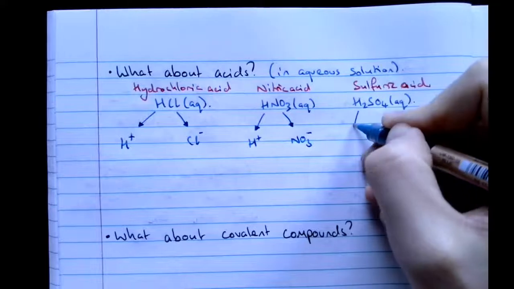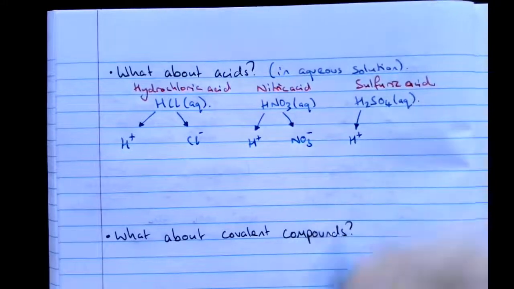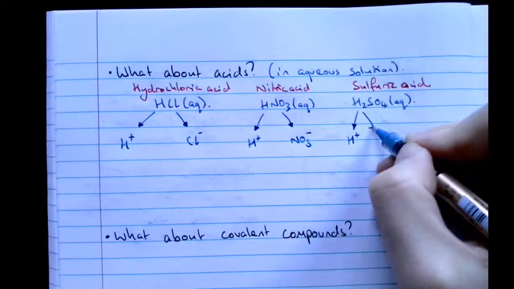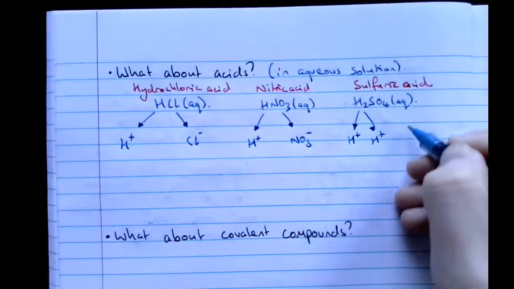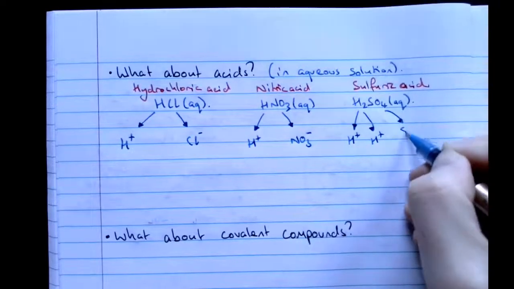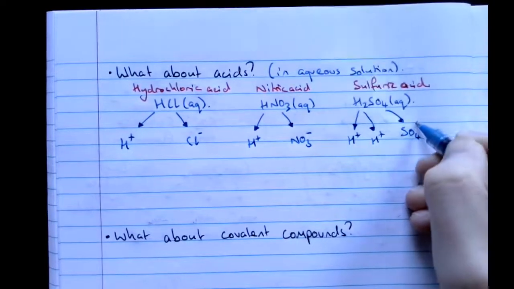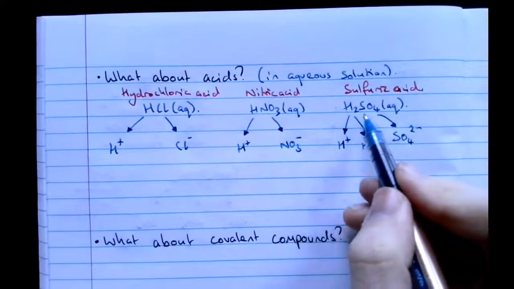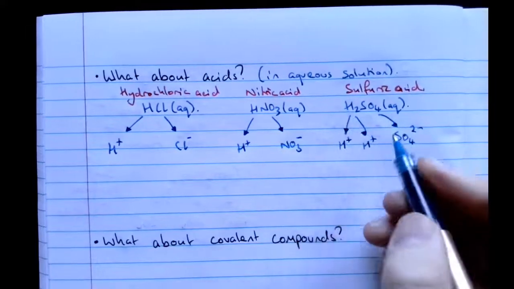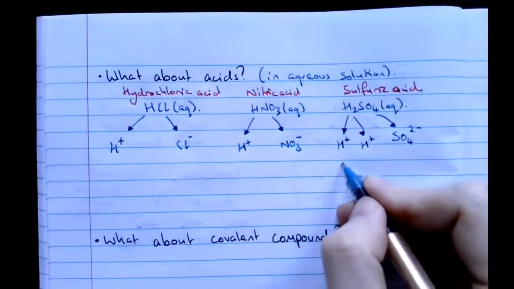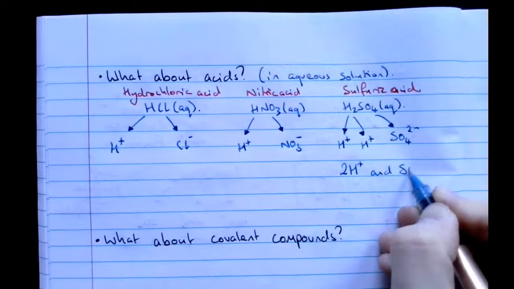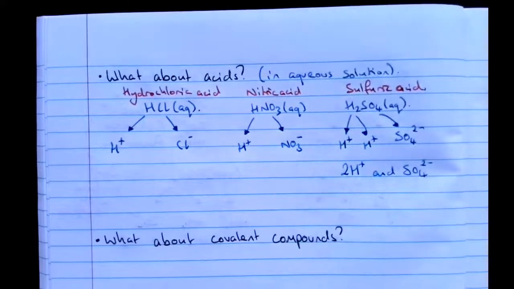Now here, we're going to make H plus, but there's a 2 after the H, so I can produce 2 H plus ions, and then I get my sulfate ion, SO4 2 minus. So whenever you see H2SO4 aqueous, you know that it will produce 2 H plus and SO4 2 minus.